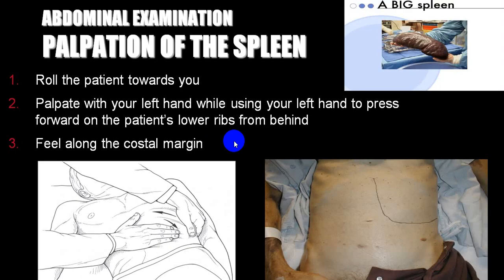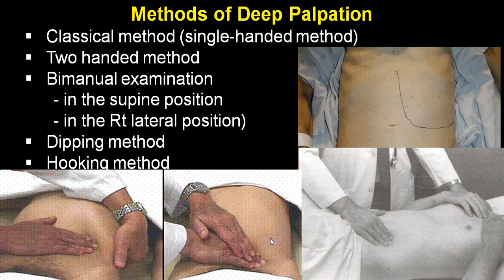We have already mentioned that while you do a palpation, you can use the single hand method, bimanual method, or hooking method. The hooking method is very frequently utilized only when you are in doubt and not able to identify a just palpable spleen. But a very easily palpable spleen you can easily identify by a single hand method, or a bimanual palpation.